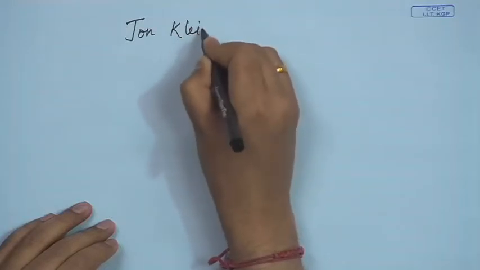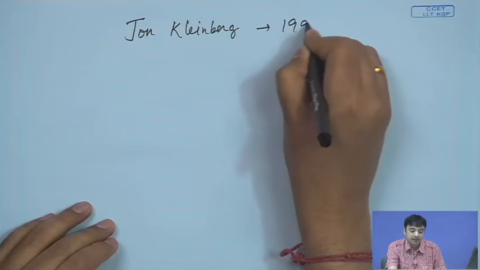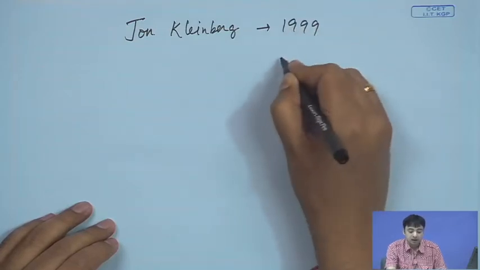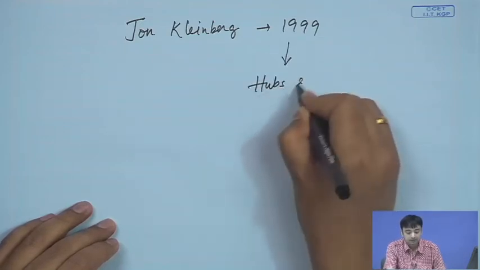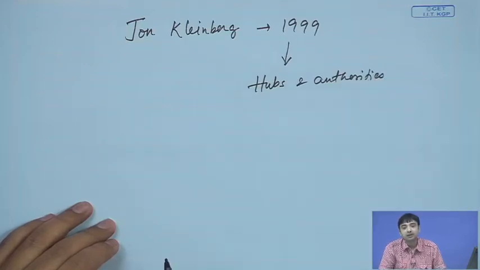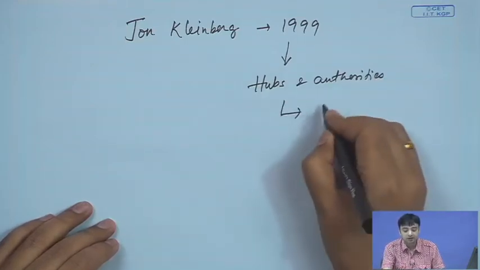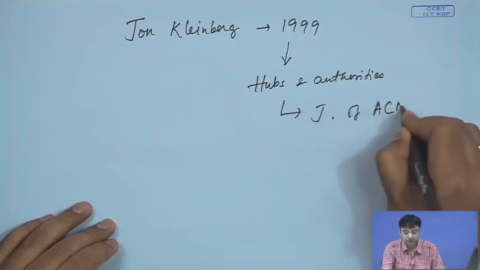One of the most notable works in this area was by a famous scientist called John Kleinberg, who in 1999 proposed the idea of hubs and authorities in the famous Journal of the ACM.